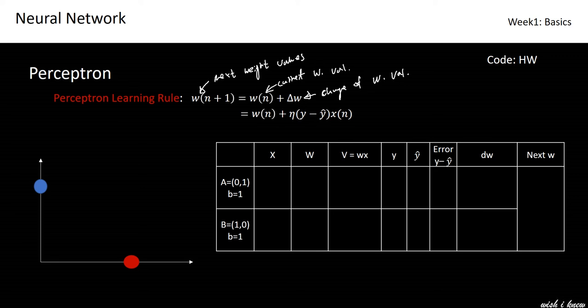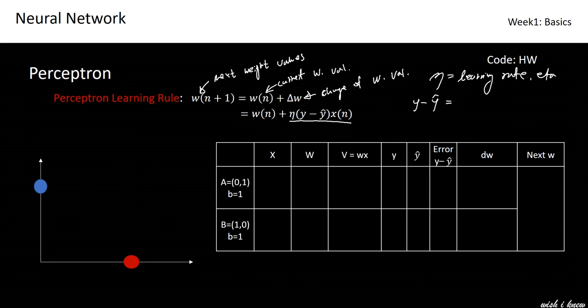And this delta W is expressed like this, and eta here is the learning rate, and y minus y hat is the error.